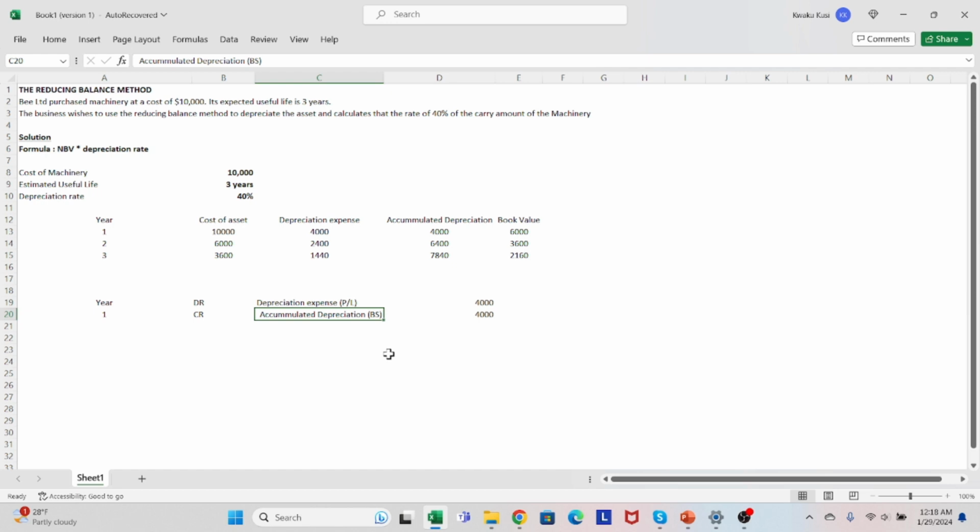We can have an example as a machinery which is used in the factory where productivity falls as the machine gets older. So these are some of the instances where the reducing balance method can be used.